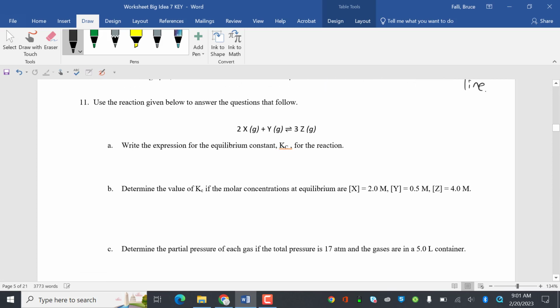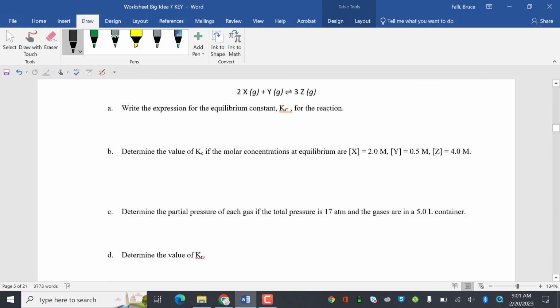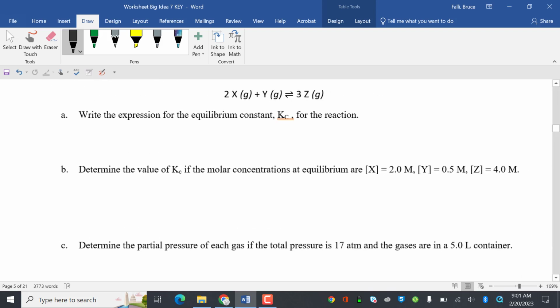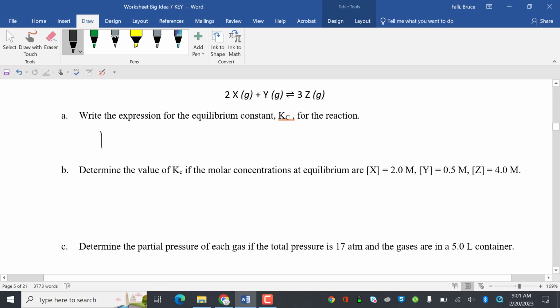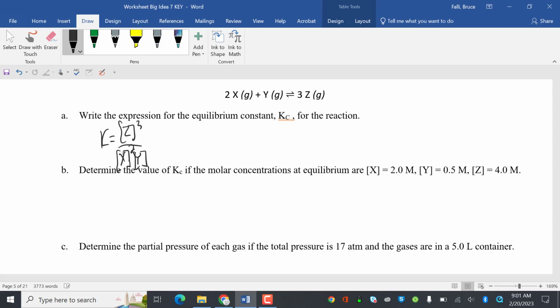Write the expression for the equilibrium constant Kc for the reaction. Okay, here we go. K equals Z cubed over X squared Y. Determine the value of Kc if the molar concentrations are this.